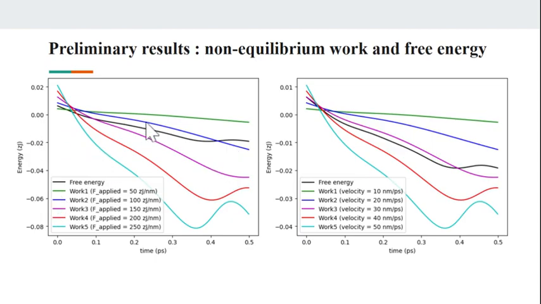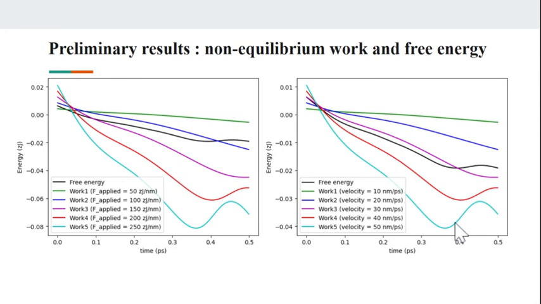The different lines here, the green one corresponds to a force magnitude of 50 zeptojoules per nanometer, and progressively increasing the force magnitude, we see that the work done is higher, as expected. The equilibrium free energy is this black curve, at about minus 0.02 zeptojoules.